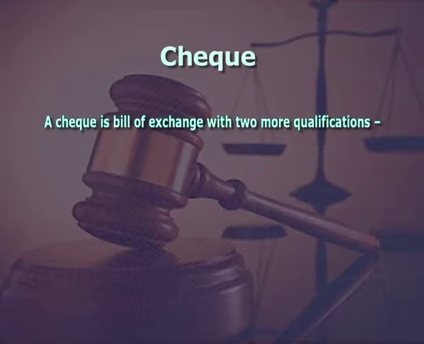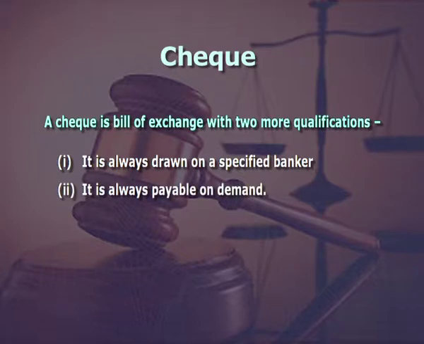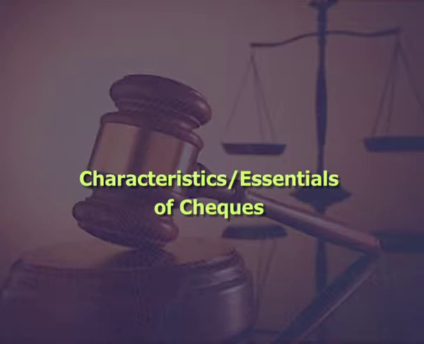A check is a bill of exchange with 2 more qualifications, namely, first, it is always drawn on a specified banker, and second, it is always payable on demand. Going through the characteristics or essentials of checks, it is said all checks are bills of exchange, but all bills of exchange are not checks.